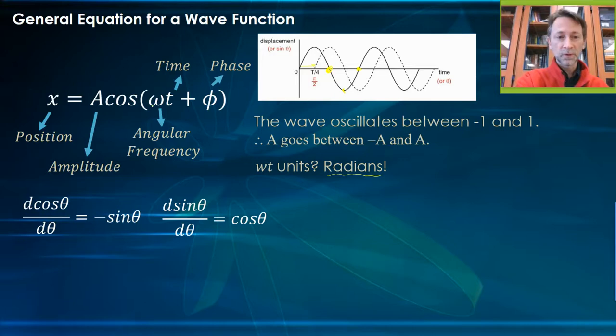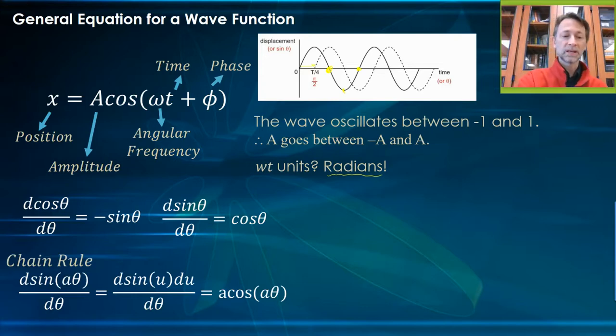Now, one more thing, if you notice up here, we have this omega t in the theta function, so we need to talk chain rule here. If I'm taking the derivative of the sine of some angle with a coefficient, then in essence, I'm doing a u-du where I'm taking the a theta and saying it's equal to u, and I'm taking the derivative of it, and that's what goes in the front.